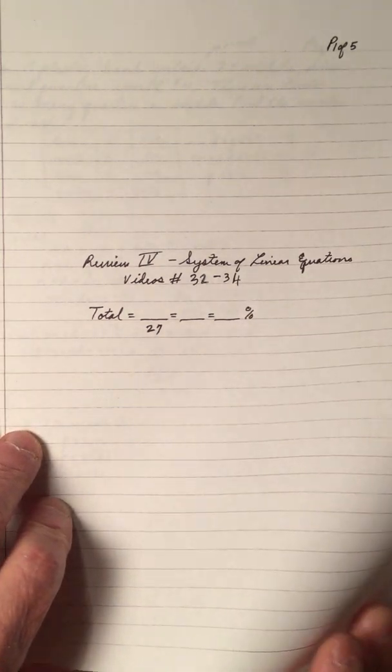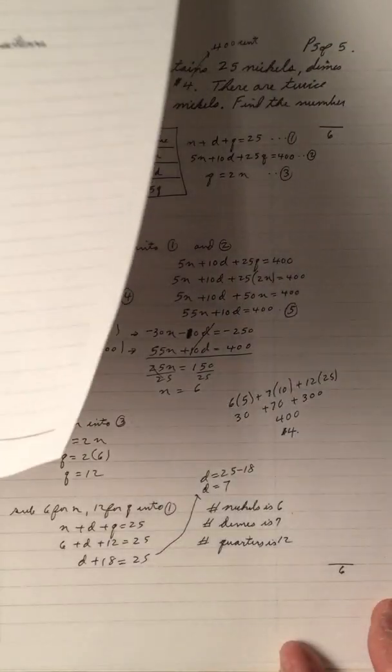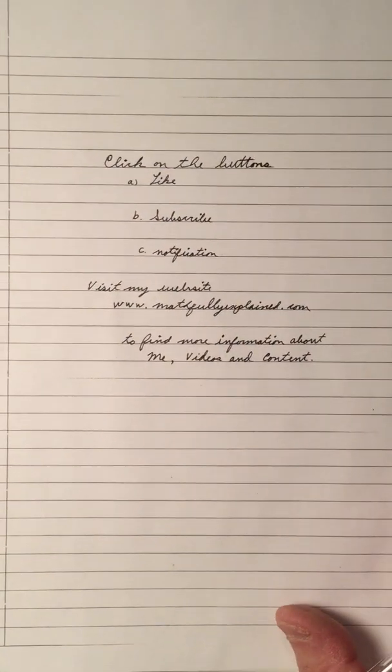Hopefully you did well on reviewing your videos 32 to 34, and that is, you know how to solve a 3-variable system, you know how to build the word problems, and extra problems.